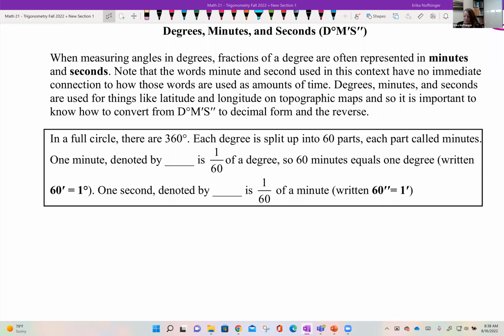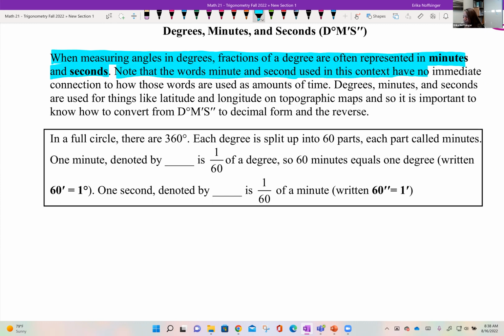Okay, so degrees, minutes, and seconds. When measuring angles in degrees, fractions of degrees are often represented in minutes and seconds. Note that the words minutes and seconds used in this context have no immediate connection to how the words are used as amounts of time. When we think of minutes and seconds, we're thinking about time, but don't think about that here.